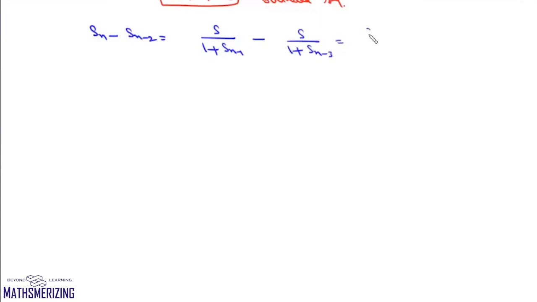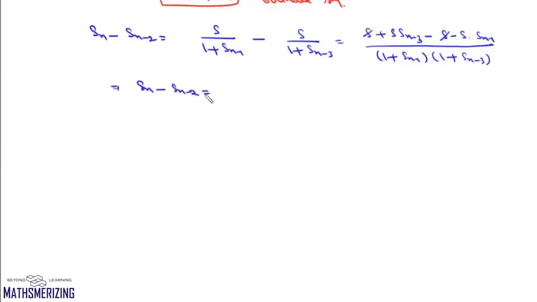Now we can write this as s plus s into S_{n-3} minus s into S_{n-1} upon 1 plus S_{n-1} into 1 plus S_{n-3}. Now this s and s will cancel.